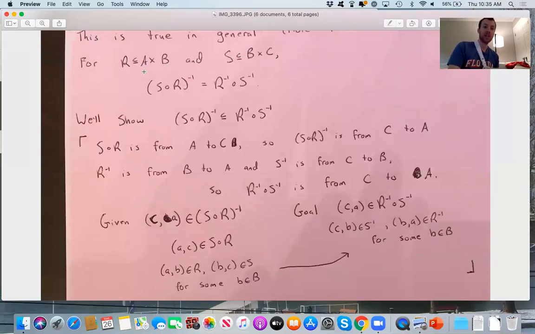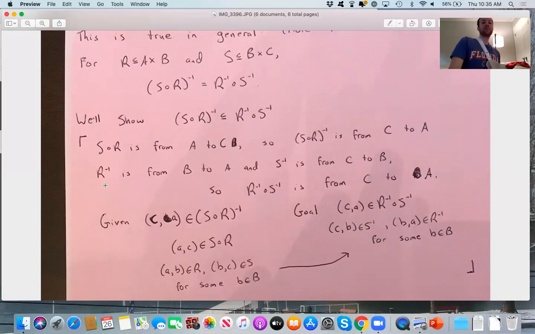You start with something in A, you go through B, but the second coordinate comes from the last set C. So S composed with R is a relation from A to C. When we take its inverse, we flip the two sets in the product. So the inverse is a relation from C to A. Okay.